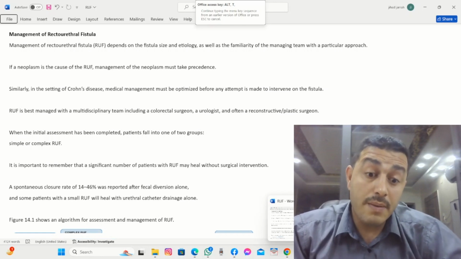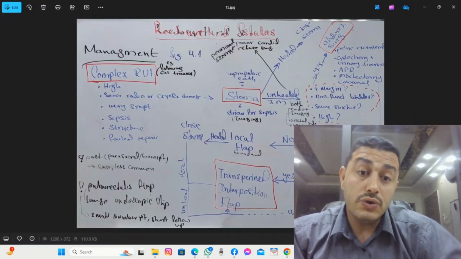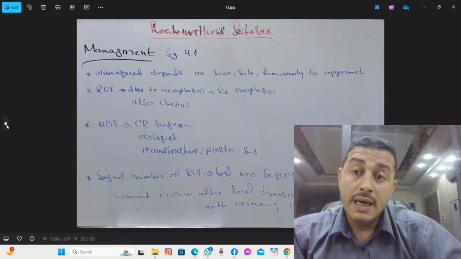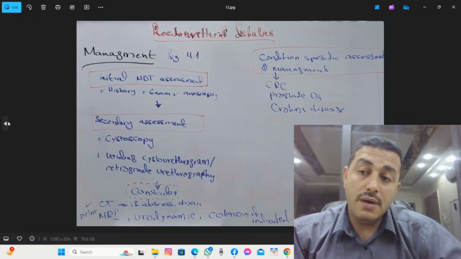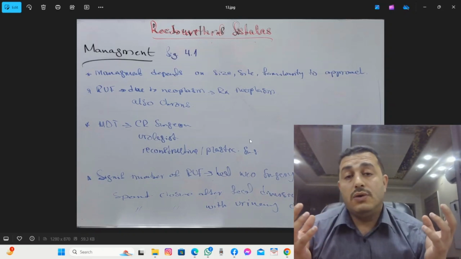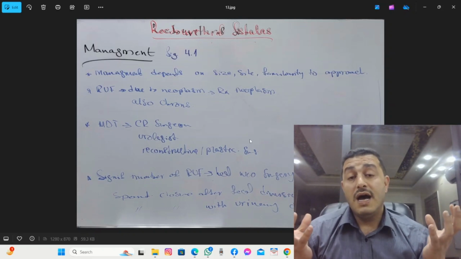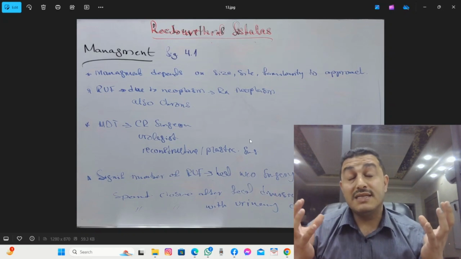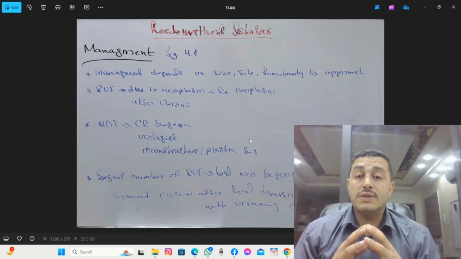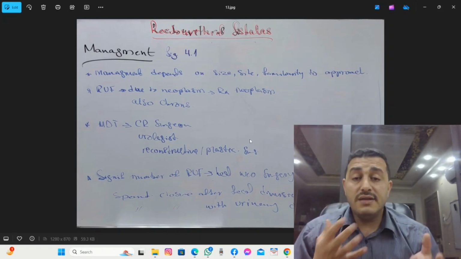Regarding the approach to the treatment of rectourethral fistula, this depends on what we already discussed, simple or complex, and we will see how this reflects the treatment protocol we use. So it depends on the size, site, and familiarity of the surgeon.